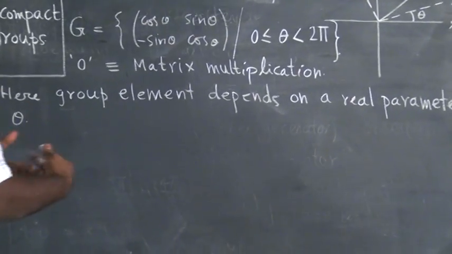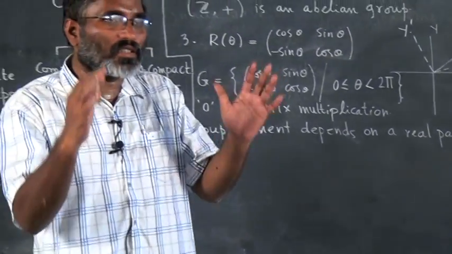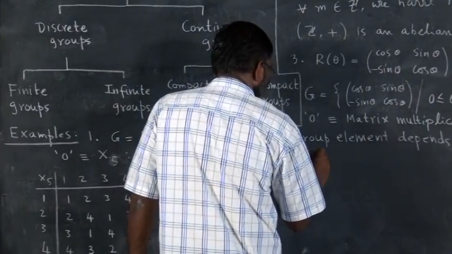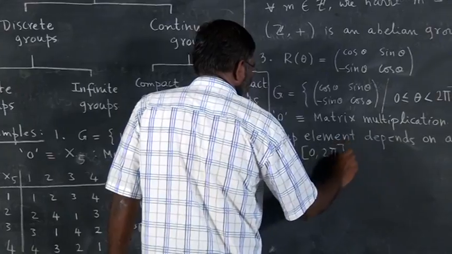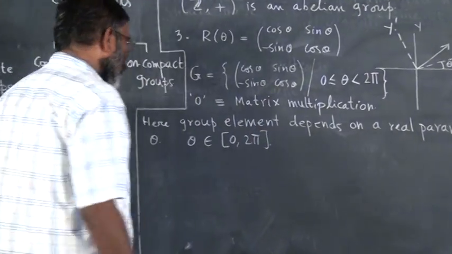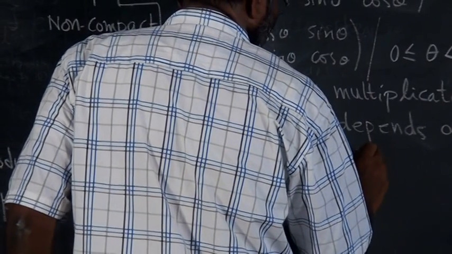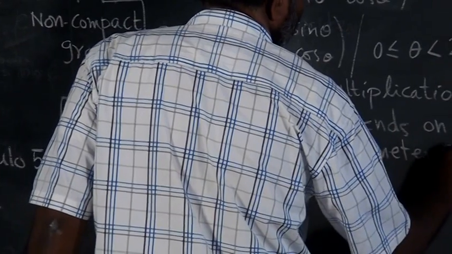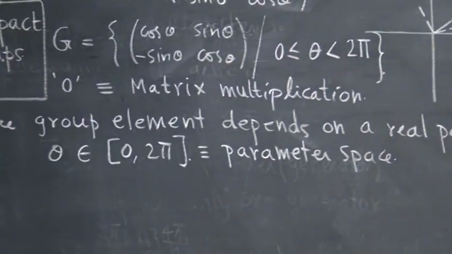Now, if the parameter theta varies in some space, in this case 0 to 2 pi, so theta belongs to the closed interval 0 to 2 pi. This is called parameter space.